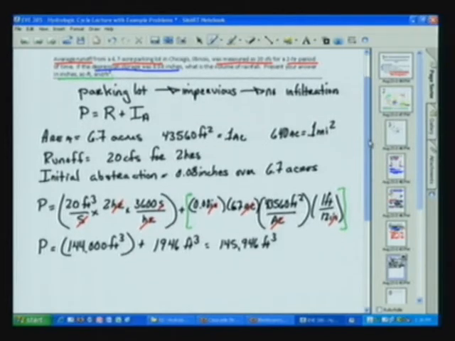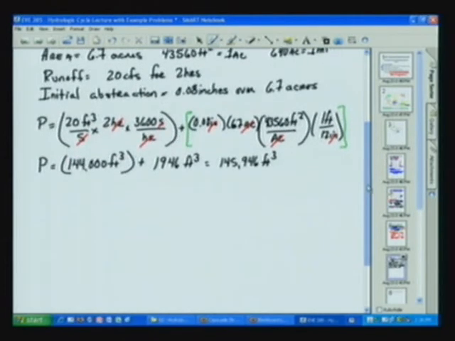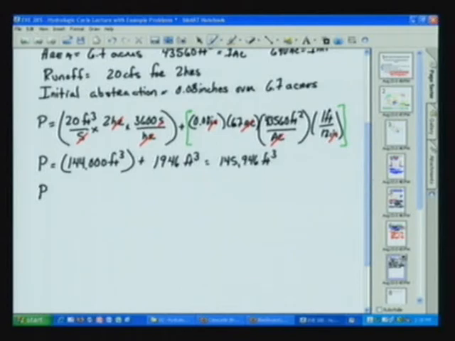We now want to express that in inches and acre feet. So to get this into acre feet, we would have 145,946 cubic feet times 1 acre in every 43,560 square feet, and that will yield for us 3.35 acre feet.